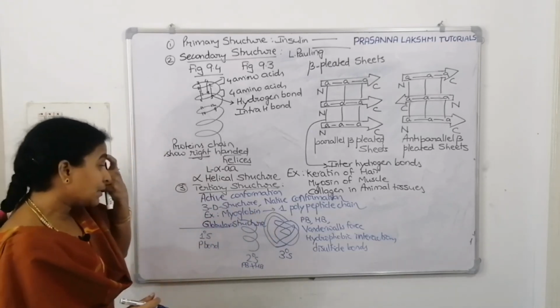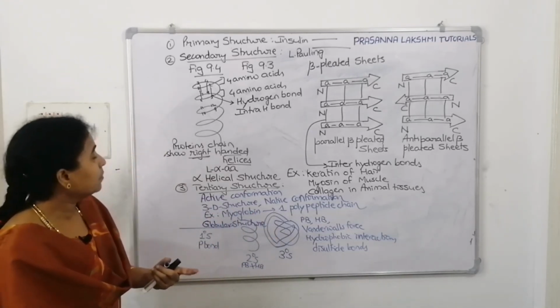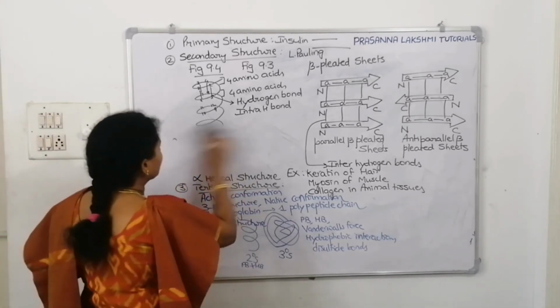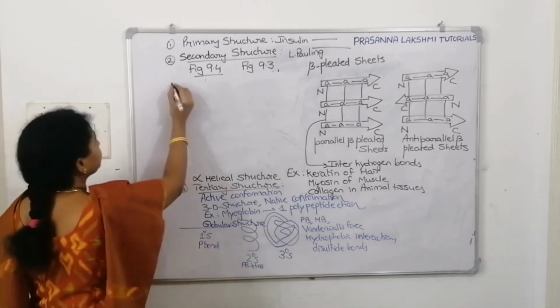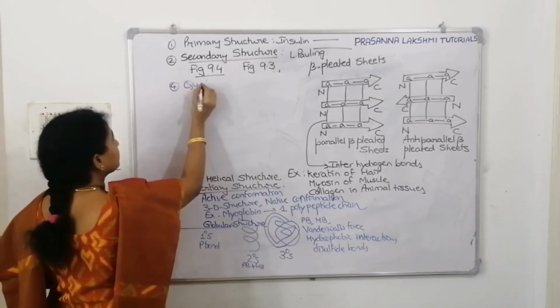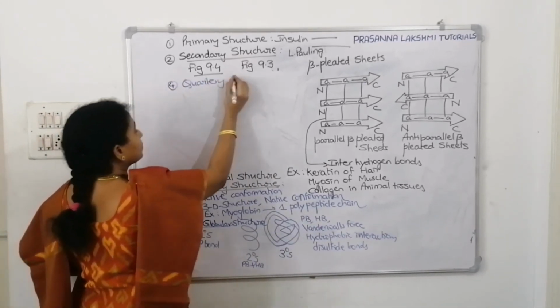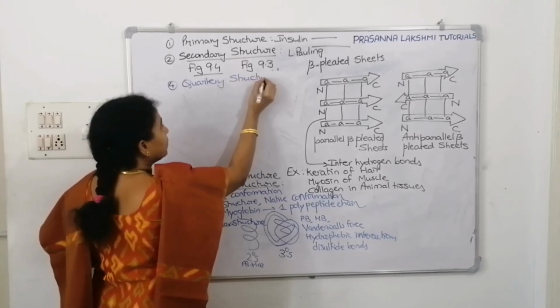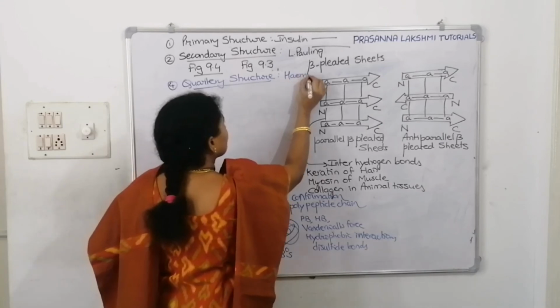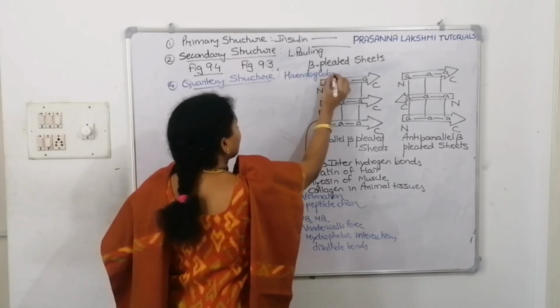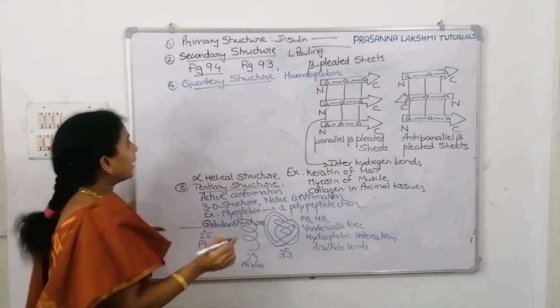Now coming to the last structure, which is quaternary structure. A beautiful example for quaternary structure is hemoglobin, made up of 4 polypeptide chains.